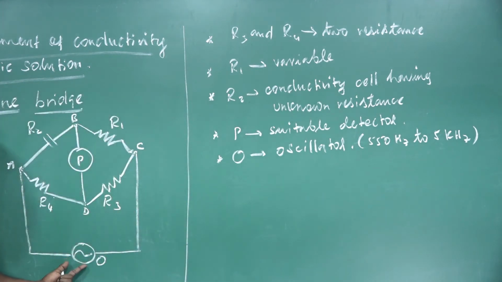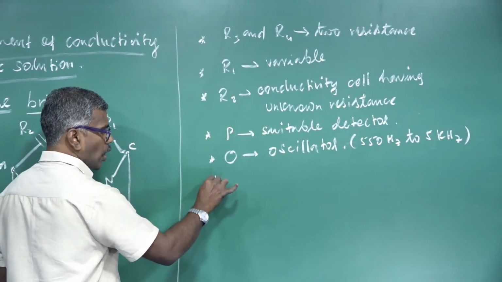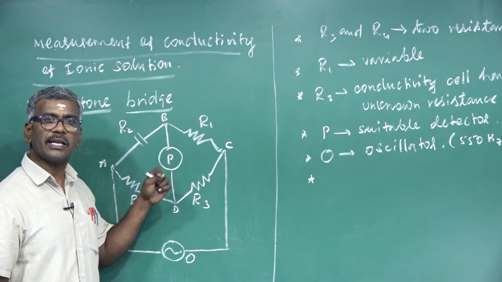Here the Wheatstone bridge is balanced. No current passes through the detector. This is called the null point.